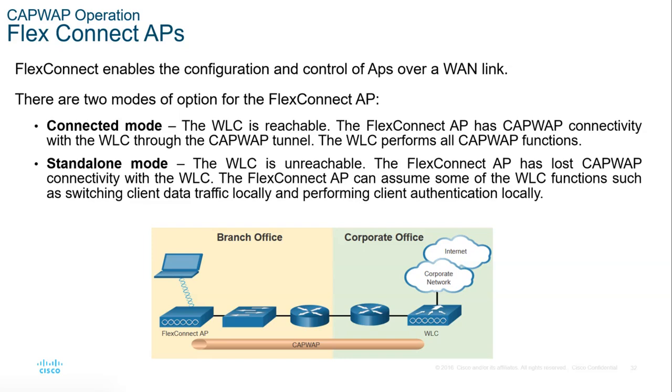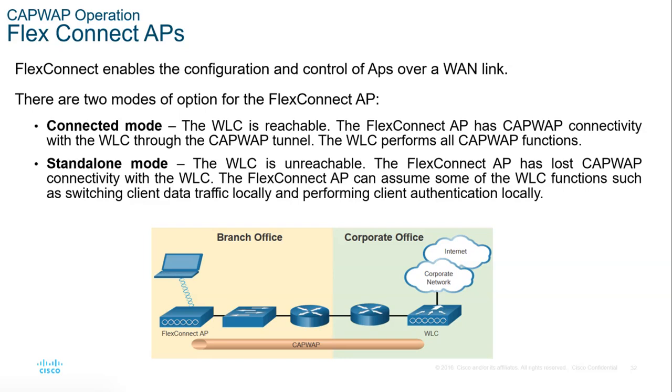The FlexConnect AP has CAPWAP connectivity with the controller through the CAPWAP tunnel, so the controller performs all CAPWAP functions. Then when it comes to standalone mode, the controller is unreachable. So the FlexConnect AP has lost CAPWAP connectivity with the controller.